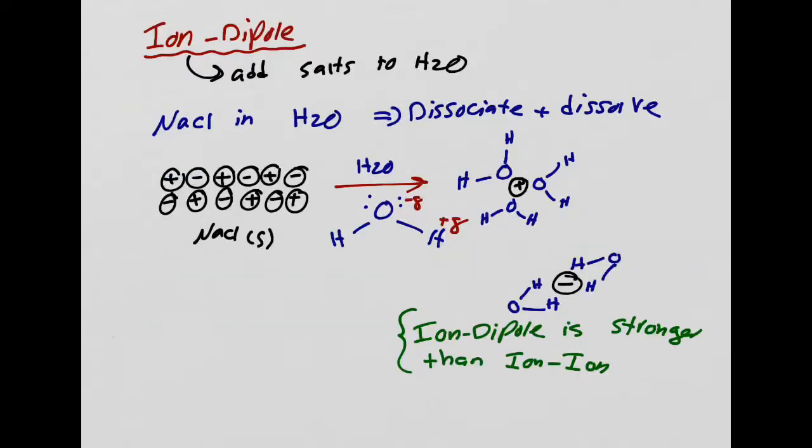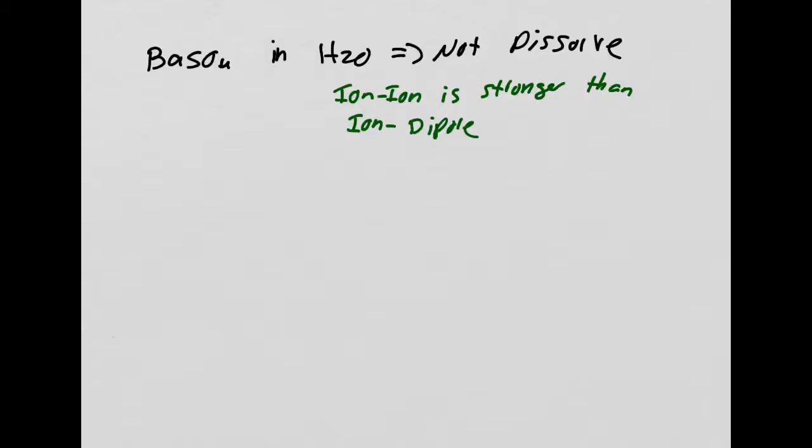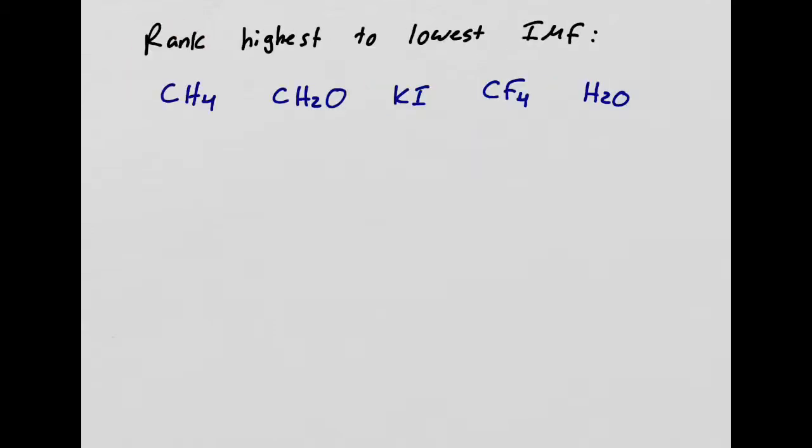Then we have one more thing, ion dipole. The only time you really have to worry about ion dipole is when you add a salt to water. If it breaks up and dissolves in water, that means ion dipole was stronger than ion-ion. And if you add a salt to water and it doesn't dissolve, that means the ion-ion force was strong and the water couldn't break it up.